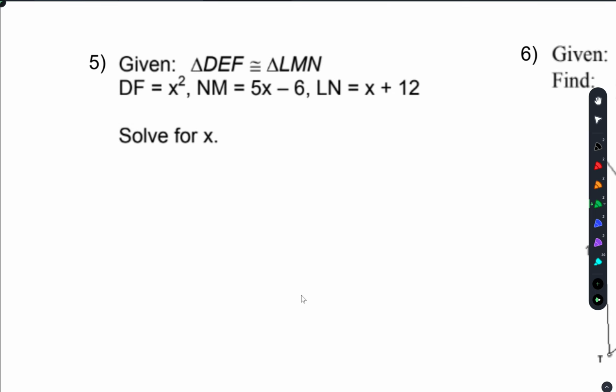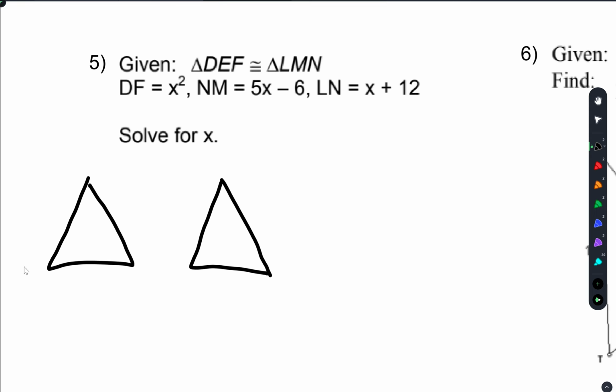All right, given triangle DEF is congruent to triangle LMN. DF equals x squared and M equals 5x minus 6. LN equals x plus 12. There's a lot going on here. There's 2 ways that we can approach this. The way that I recommend you start this problem is by taking 2 triangles, drawing them out, and labeling them.